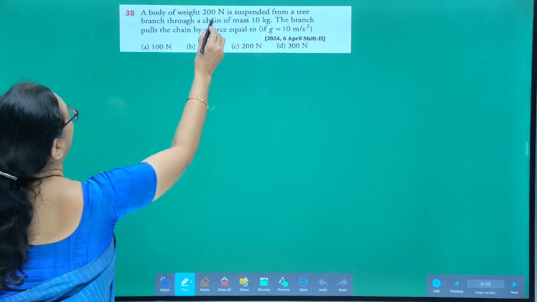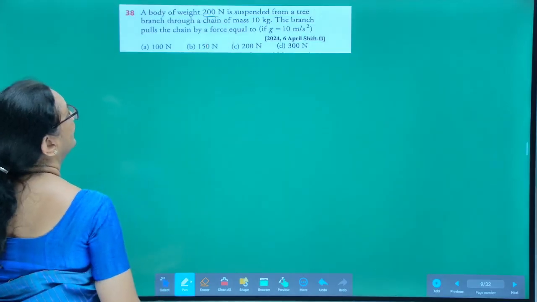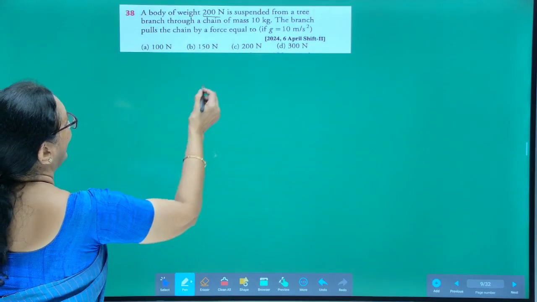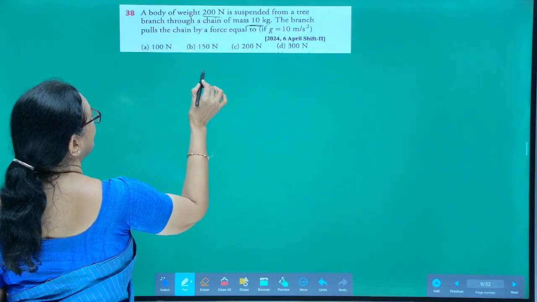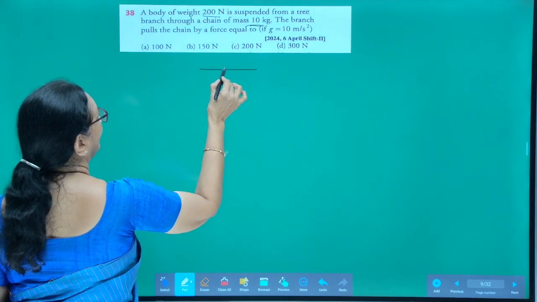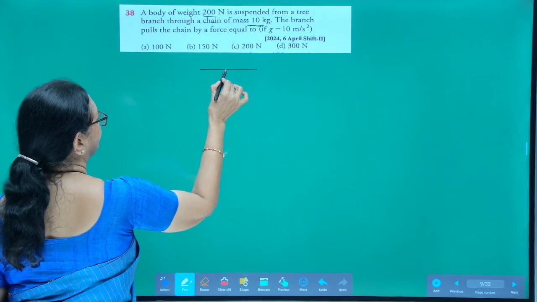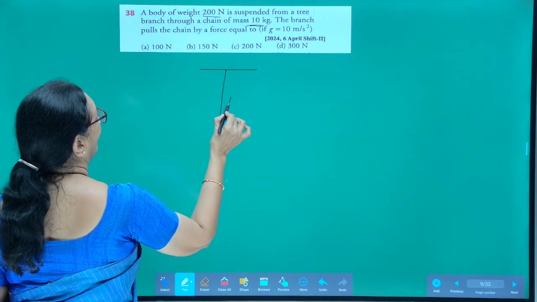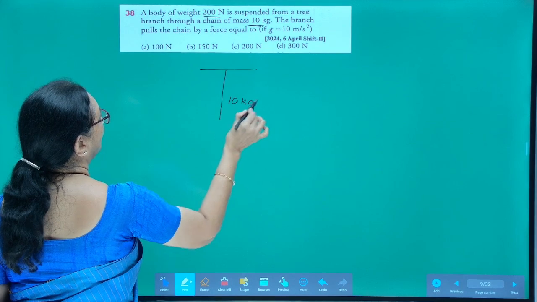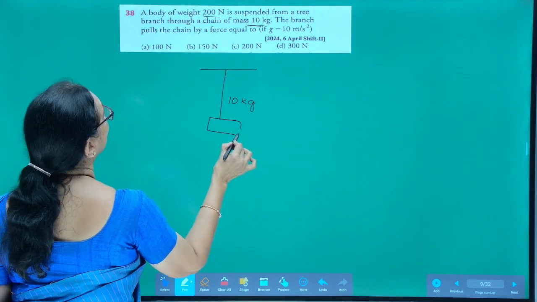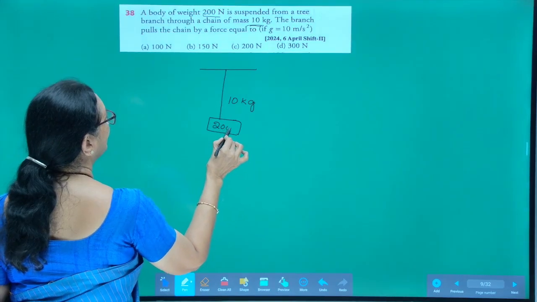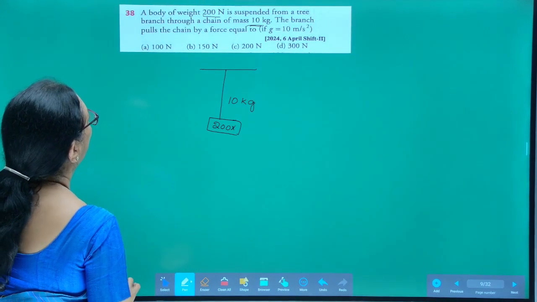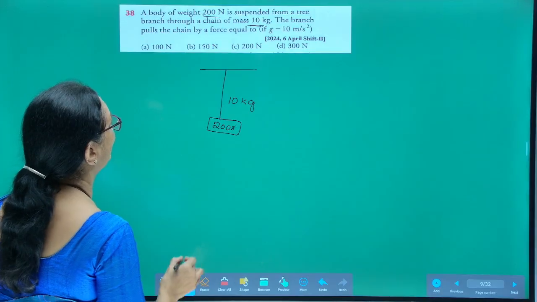A body of weight 200 Newton is suspended from a tree branch through a chain. Let this be a tree branch. This is a chain of mass 10 kg from which a body of weight 200 Newton is suspended. The branch pulls the chain by a force.